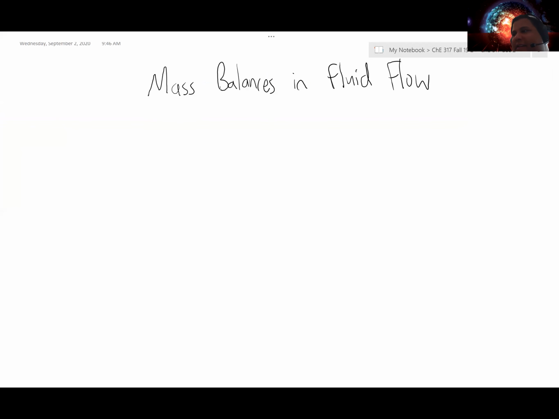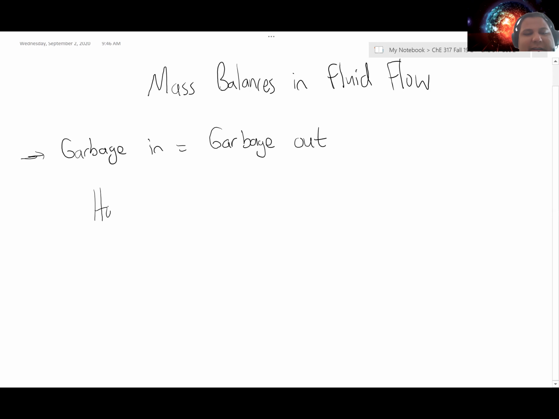So, as all good mass balances, we typically start with our key principle, namely garbage in is equal to garbage out. With the question being, how can this apply, or how does it apply to fluid flow?